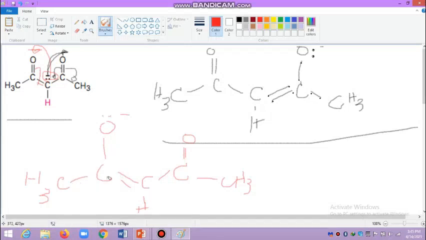Okay, for this carbon, 1, 2, 3, 4, 5, 6, 7, 8. So it has 8 electrons. On this one, 1, 2, 3, 4, 5, 6, 7, 8. So meron siyang 8 electrons. On this one naman, 1, 2, 3, 4, 5, 6, 7, 8. And then a negative sign. Yes. Okay, so these are the two resonance forms of the pentanedione anion. Okay. So there.